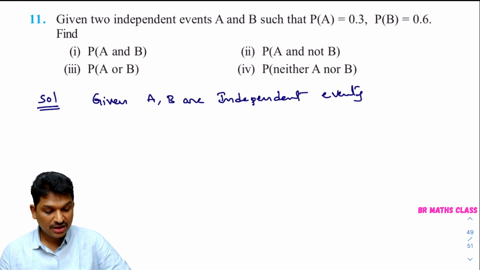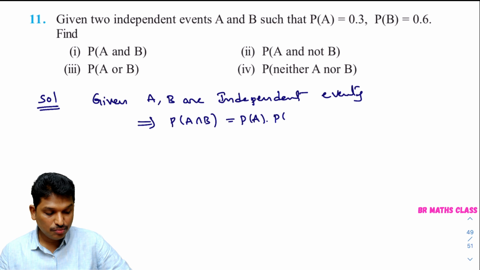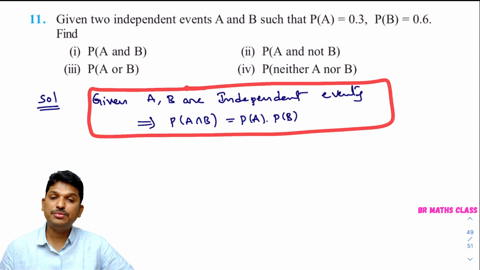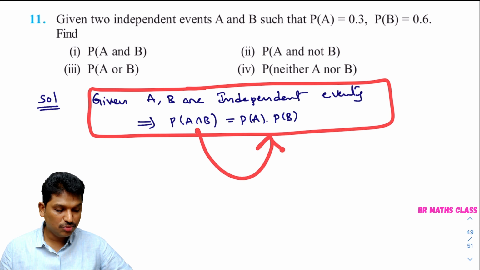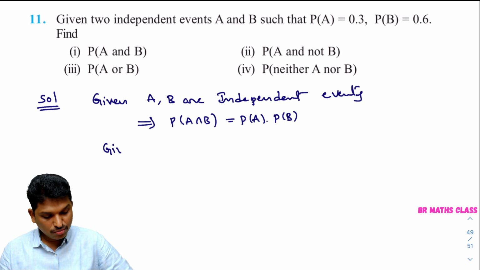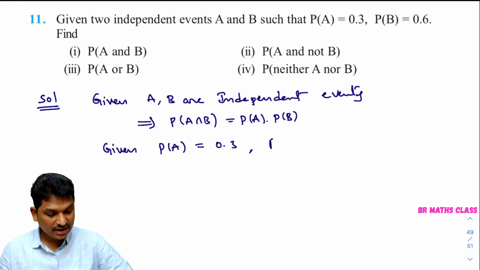As they have given that A, B are independent events, I can write that probability of A intersection B equals probability of A into probability of B. I can use this information because in the question they have given that the events are independent. While solving the following bits, wherever probability of A intersection B is there, I can write probability of A into probability of B. And they have given probability of A as 0.3 and probability of B as 0.6.